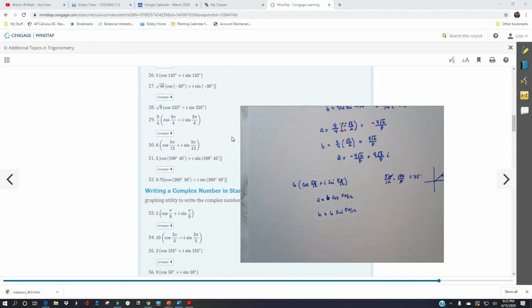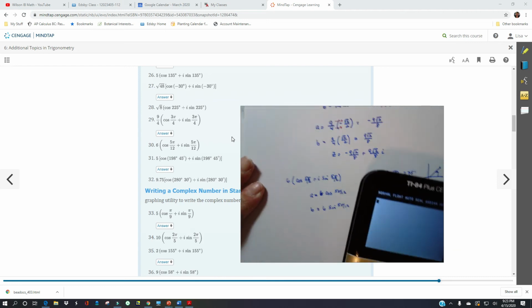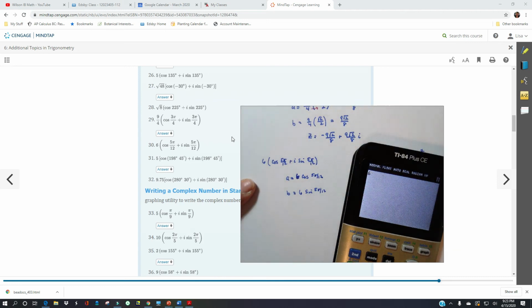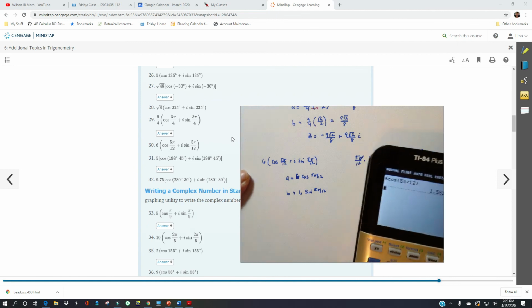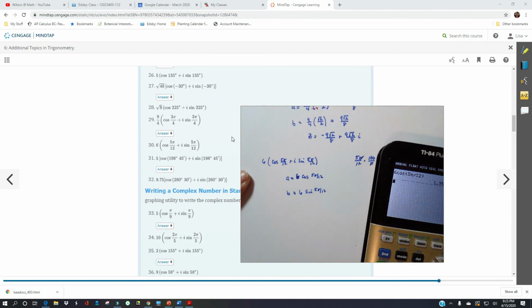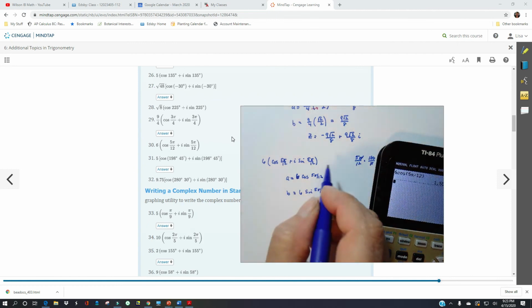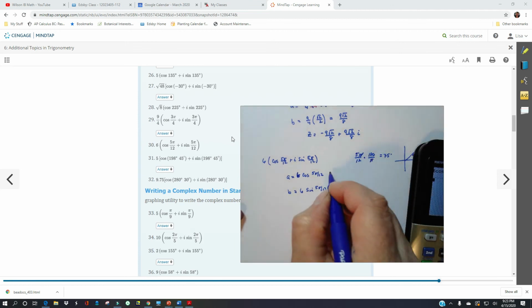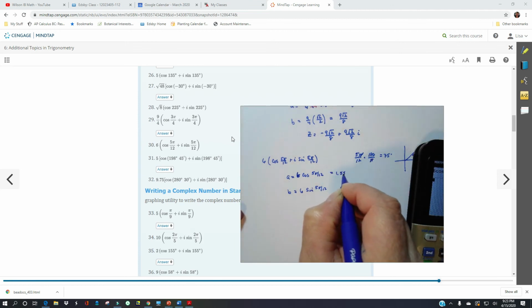And if you put that into your calculator, we're going to have 6 cosine of 5 pi divided by 12 is 1.553. So I'll call it 1.553.